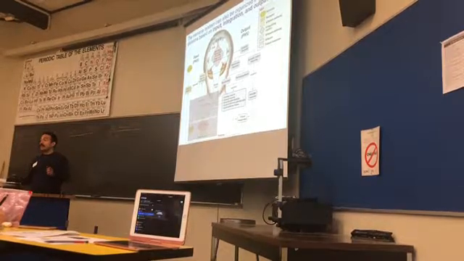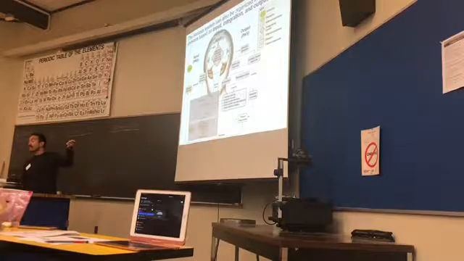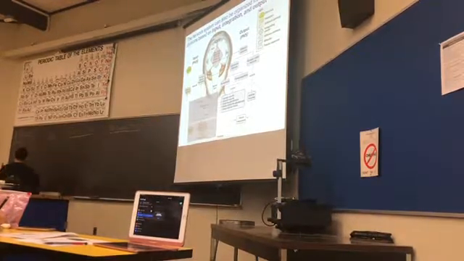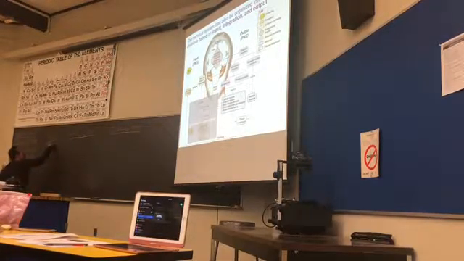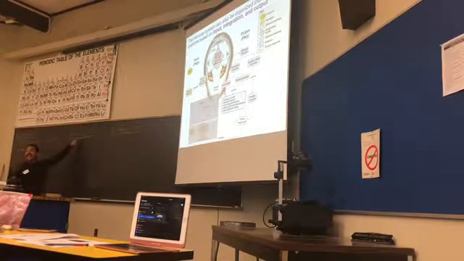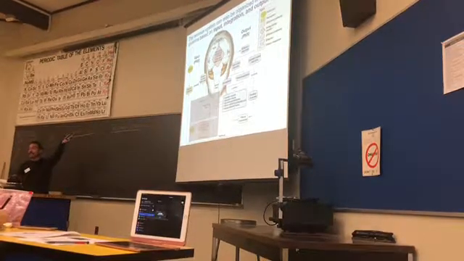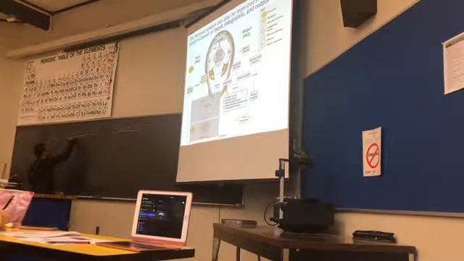So the common theme that we're always going to see here in the nervous system is that there's input. We sense something. We take that information and we decide what to do with it. That's what I mean by integration.